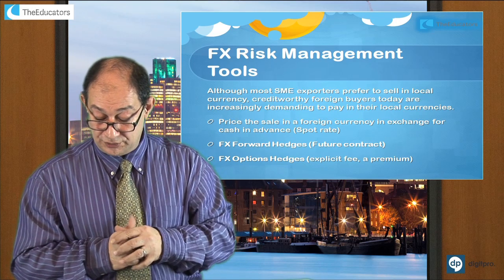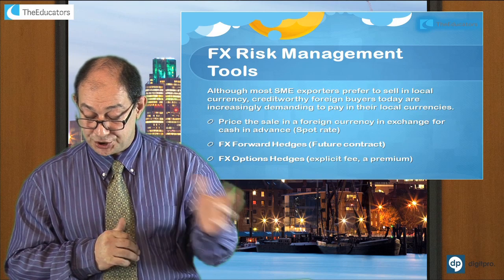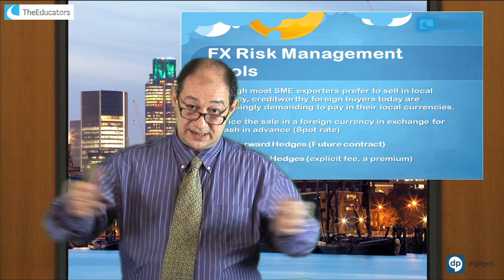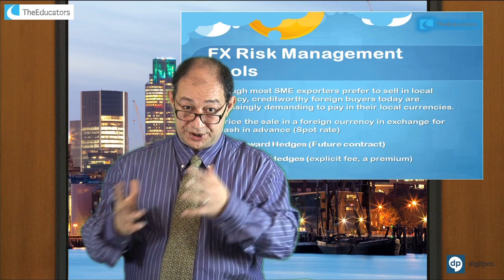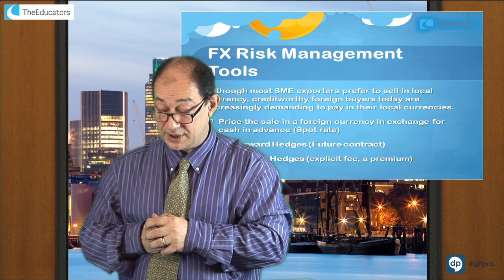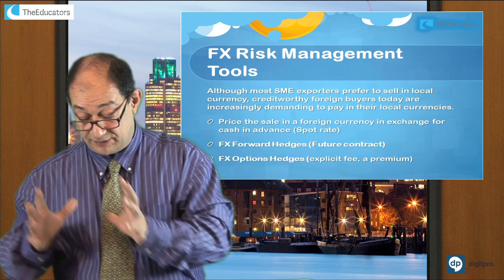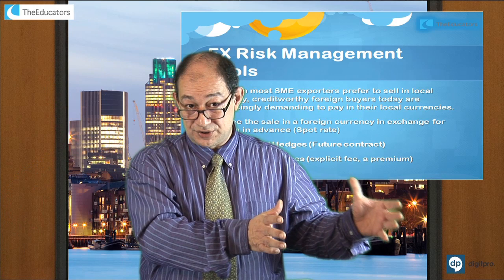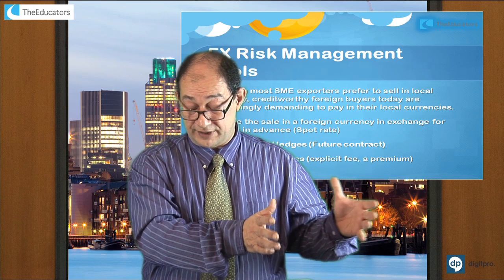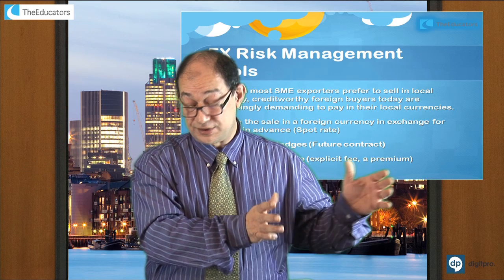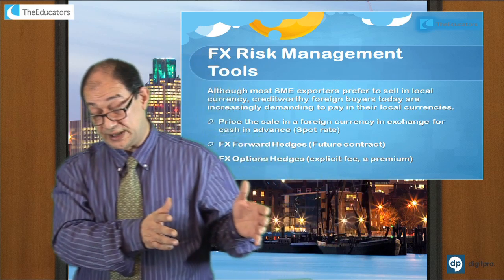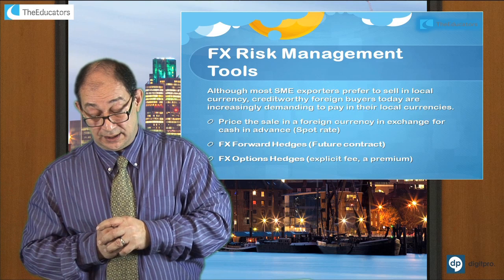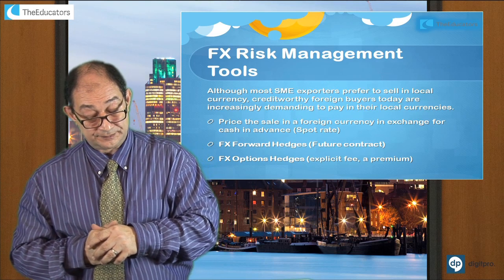But how do you make sure that at the time of the payment, 3 months, 6 months later, whenever the goods are shipped and you can go and get that money, the exchange rate is what it was today? It's not going to be the same, most likely. It has shifted, either in your favor or against you. The problem is when it goes against you, and you get less than the £100,000 you were expecting. Now, a number of things you can do about it.